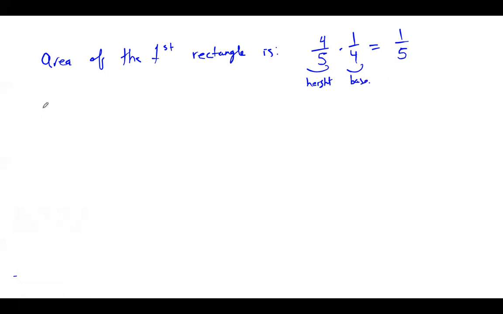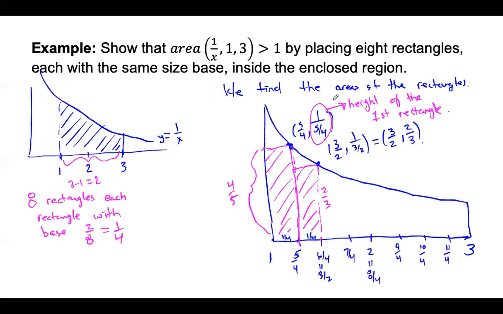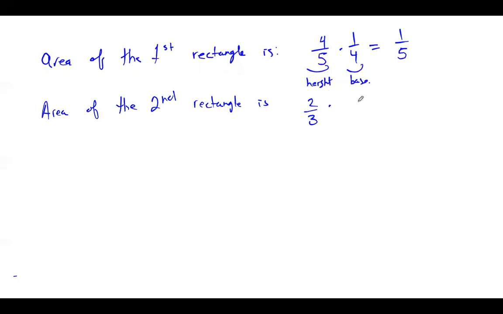We can extend this, so the area of the second rectangle, or why did I say triangle? Is 2/3. Let's go back. So the height is 2/3 and the base is 1/4. So we can compute that and we got 1/6.